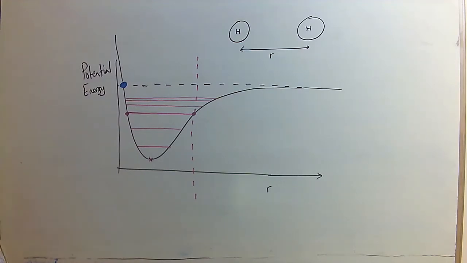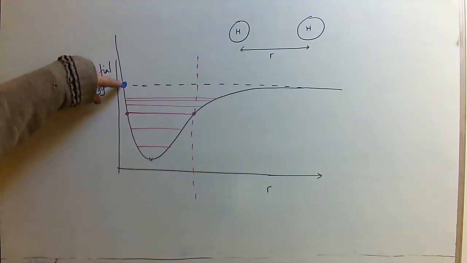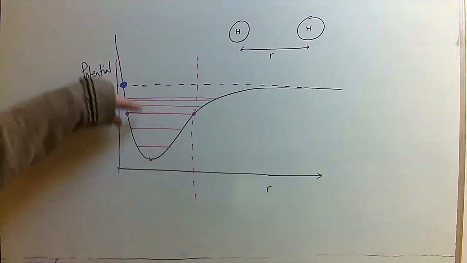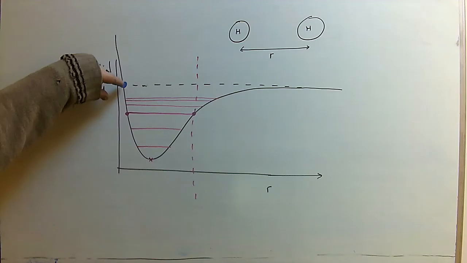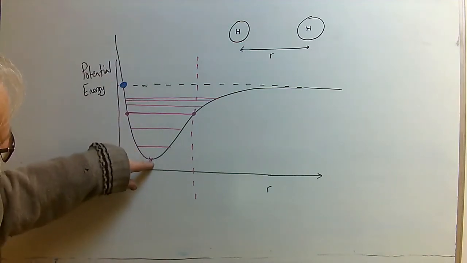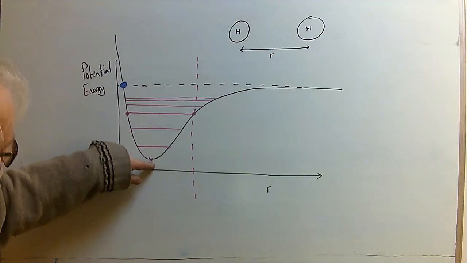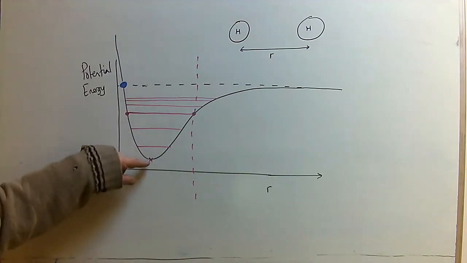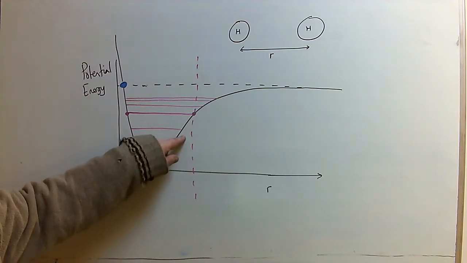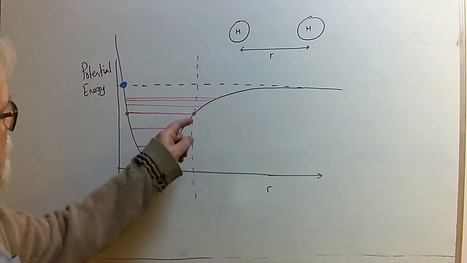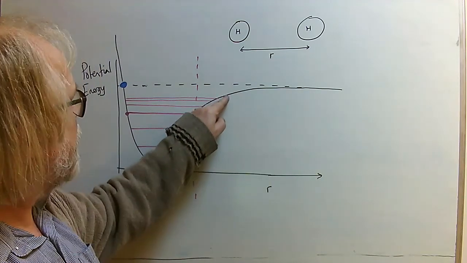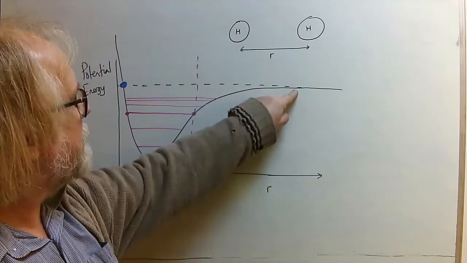Okay, so you can see same thing's going to happen to start with. It's got a route to decreasing potential energy there, so the atoms will move further apart till they reach the bottom there. But then again, they're going to keep moving because they've got lots of kinetic energy at this point, so they're going to keep moving up here, slowing down as they do so, losing kinetic energy as it gets turned back into potential energy, but they can keep going until they get all the way back up to here.